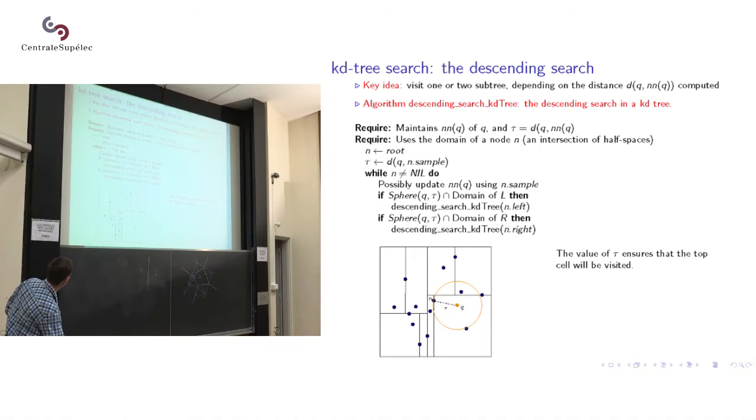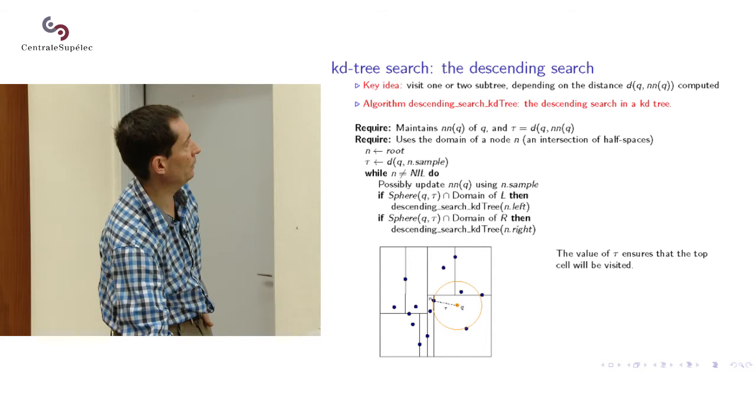So here is the situation, right? If you are sitting here, with respect to this horizontal split, the default search would tell you, let's visit the subtree corresponding to this region, except that, again, your best nearest neighbor is sitting here, because in fact, as you can see, this distance is shorter than this one.